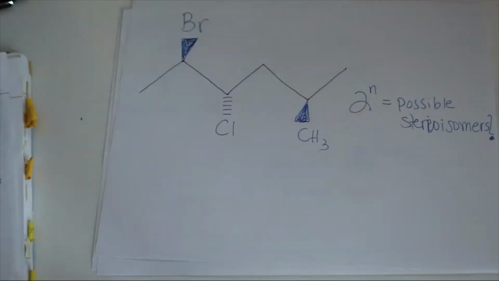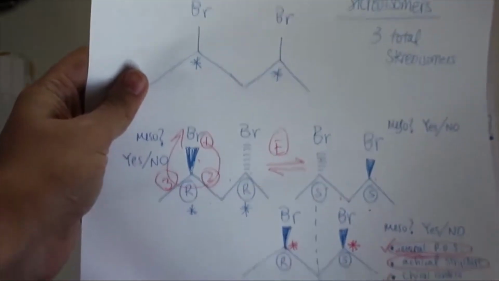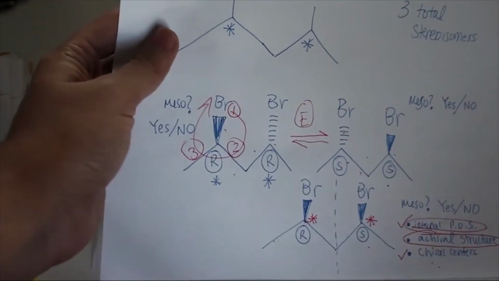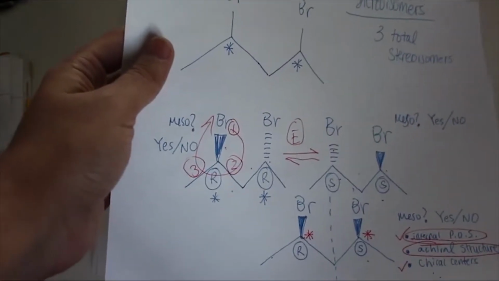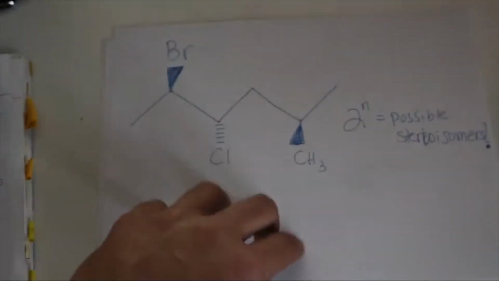Okay, I'm going to continue on. Just like we did with this, we drew out the stereoisomers of it. But there's a good checking system to see if you drew the right number of stereoisomers, and that's with this.